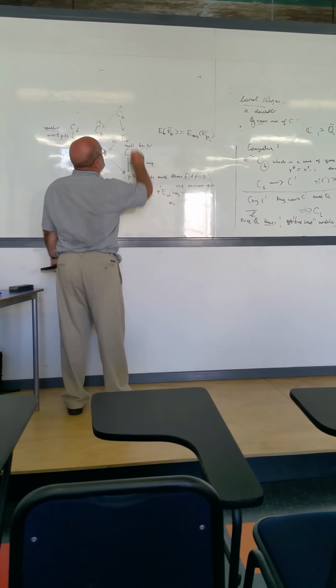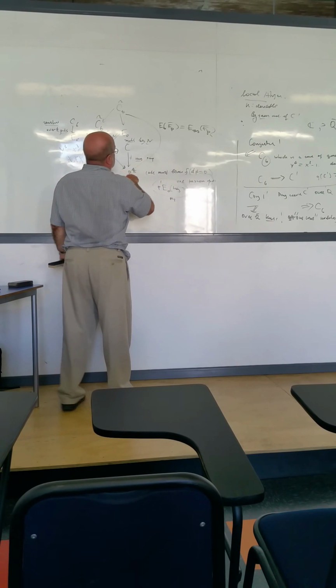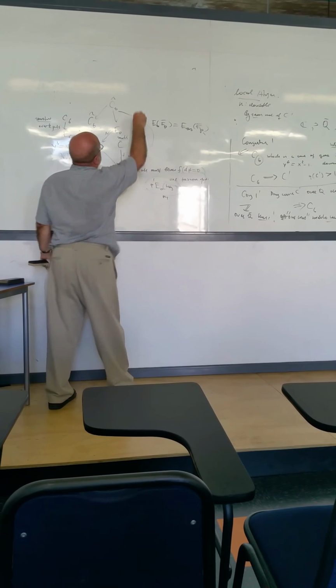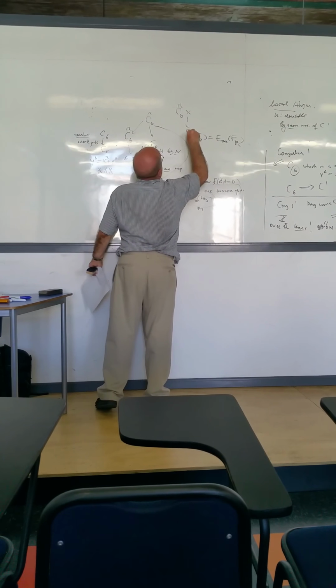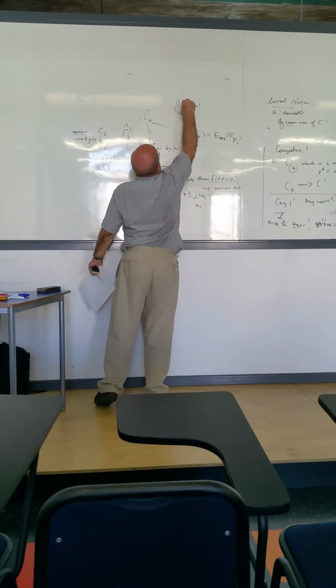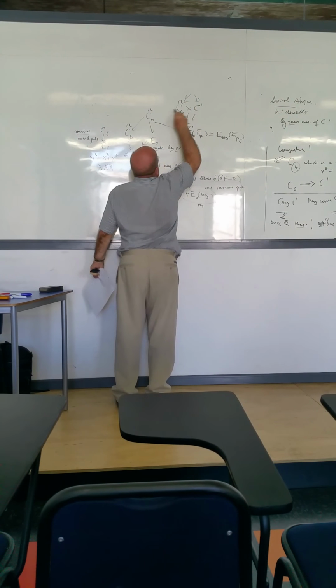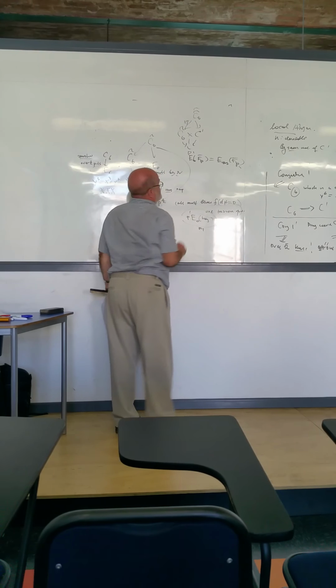So the induced covering will be 2 ramified. So then the map to P1 will be 2 ramified over all these points, and over P1 this will be non-ramified.